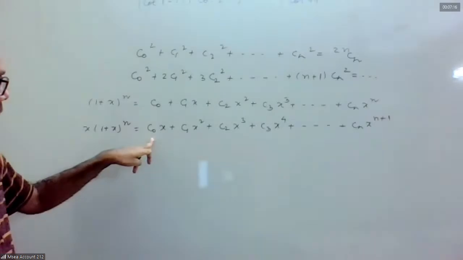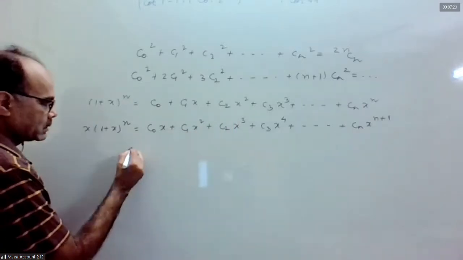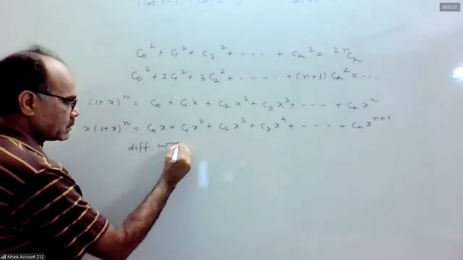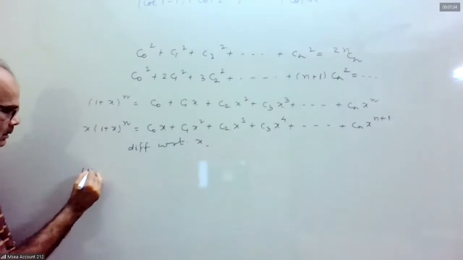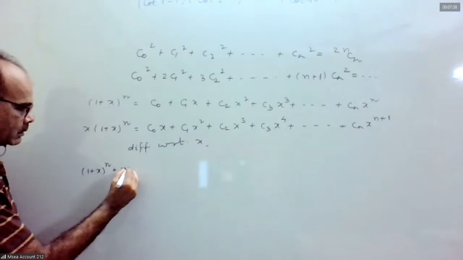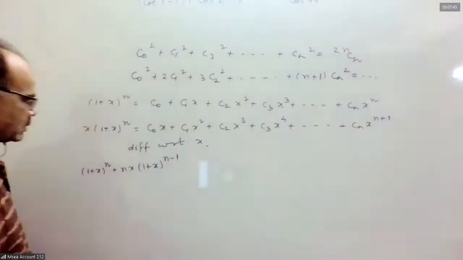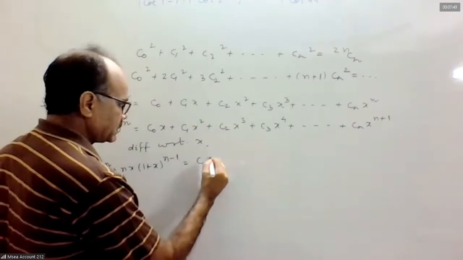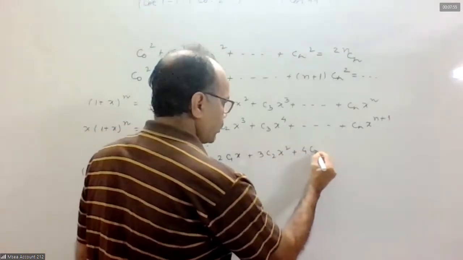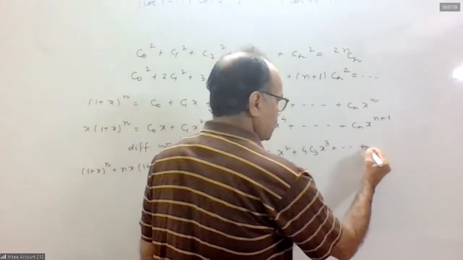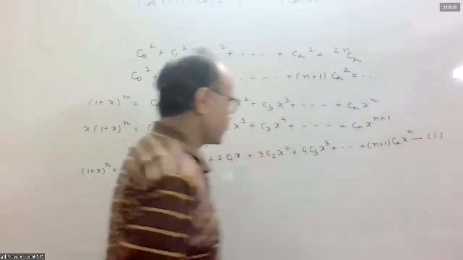Now, if we differentiate with respect to x, we have 1 plus x to the power n equals C0 plus twice C1x plus 3C3x cube.